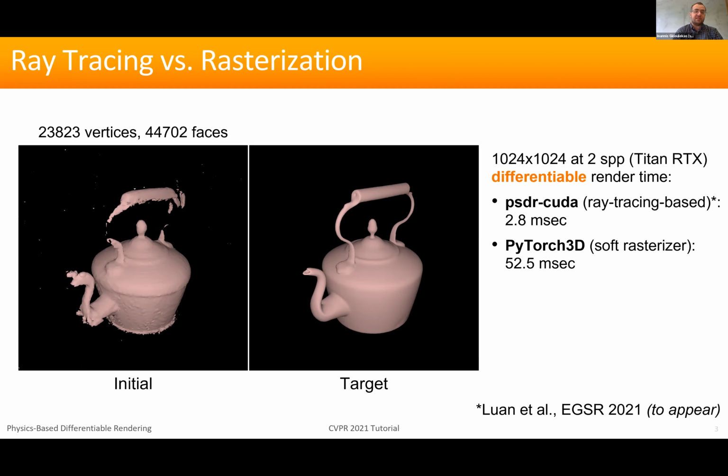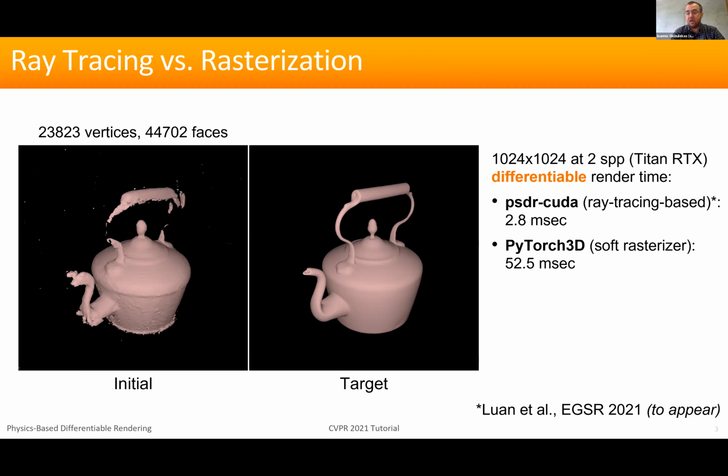So for problems such as this, direct illumination problems, even situations where you are solving for a lot of parameters, ray tracing-based techniques are not only not slower than rasterization-based techniques, but can actually be competitive with them.